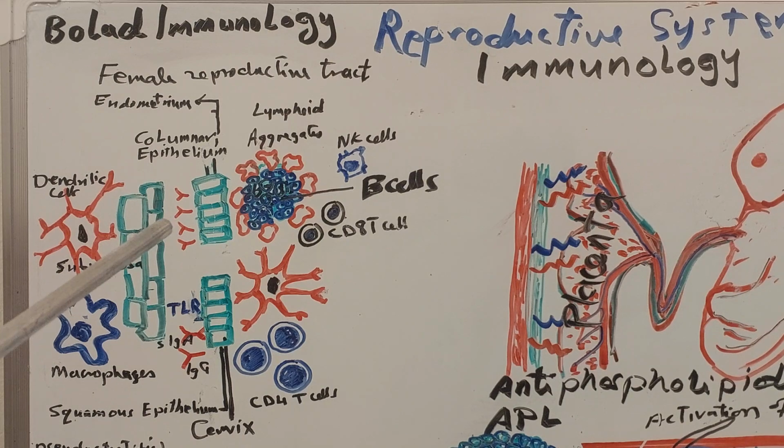As can be seen here, these are immune cells within the female reproductive tract. They are mainly T cells and NK cells, which we call immunoregulatory cells.